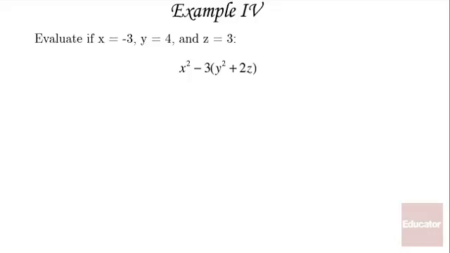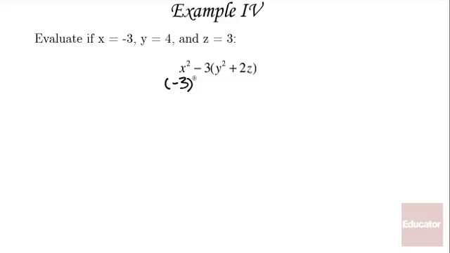Our fourth example is a little bit different because we see some variables. However, they actually give you the value for each variable. They're telling me to assume that x is equal to -3, y is equal to 4, and z is equal to 3. So I'm going to go ahead and substitute in. Every time I see an x, I'm going to simply substitute -3.